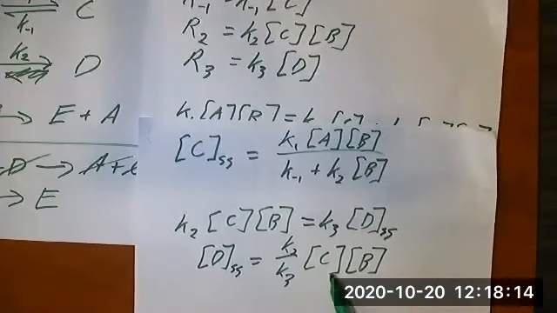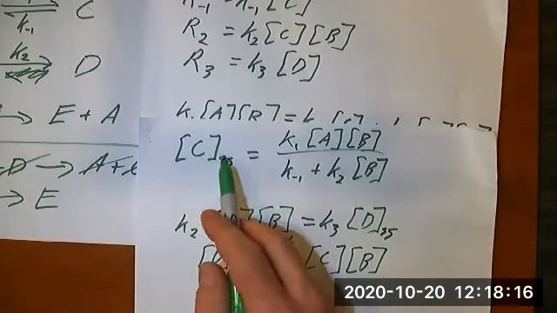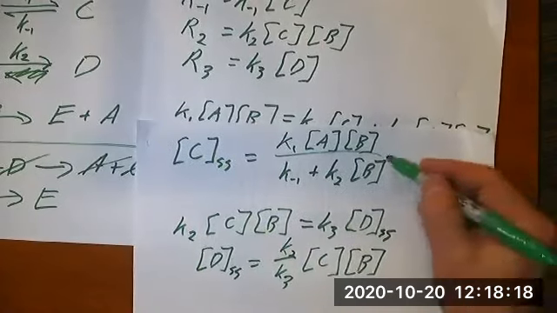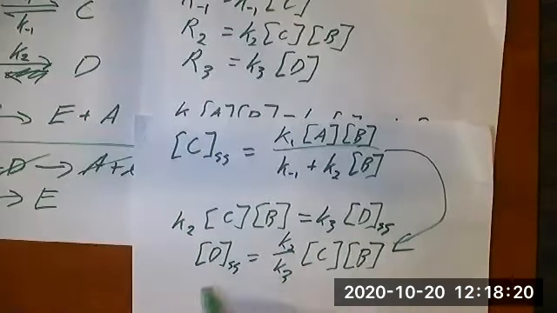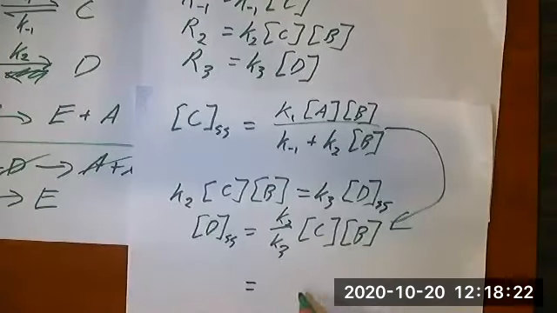Well, but concentration of C steady state, we already have up here. So let's plug this into this so that we can get a concentration of D steady state that doesn't have any intermediates on the right-hand side.